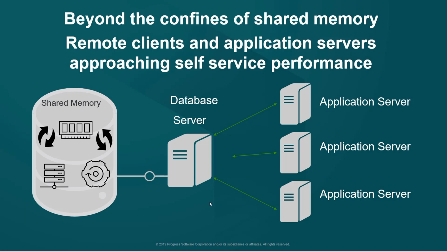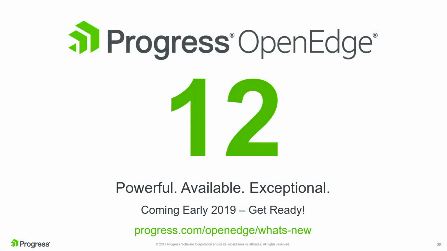Version 12 will continue to improve remote client connection performance to the point where it will eventually match shared memory performance. Remote connection removes the risk of shutting down the database server because of a shared memory disconnect. It also improves the scalability of your application because it gives you the ability to add additional app servers as needed.